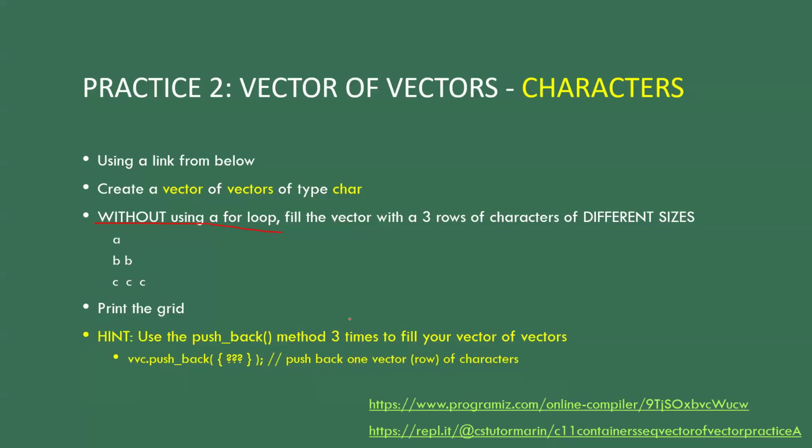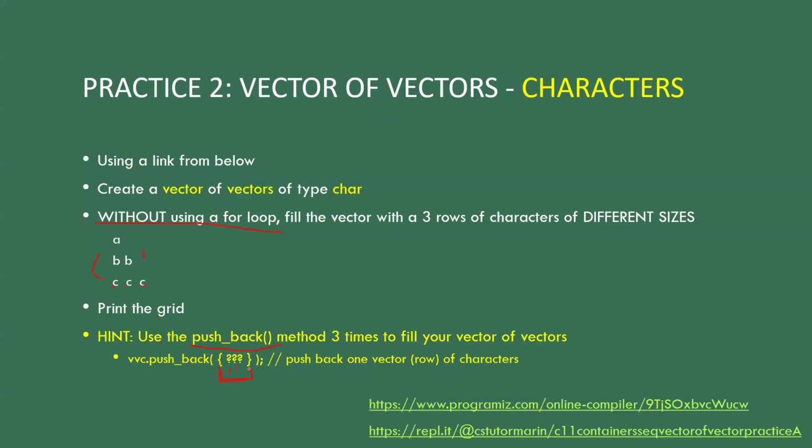Now, instead of using pushback 3 times, which you're welcome to do, like you could do pushback, pushback, pushback, that's perfectly fine. Or you could use this very cool curly brace format and let C++ figure it out. So in other words, this curly brace could be filled up with 2 B's in here, right?